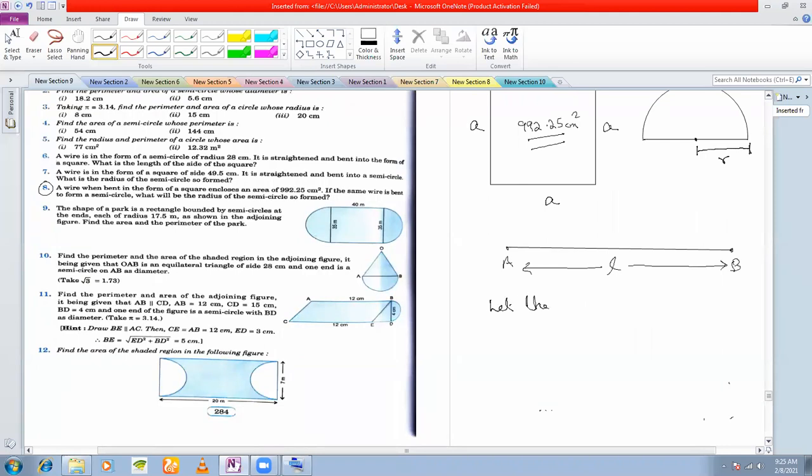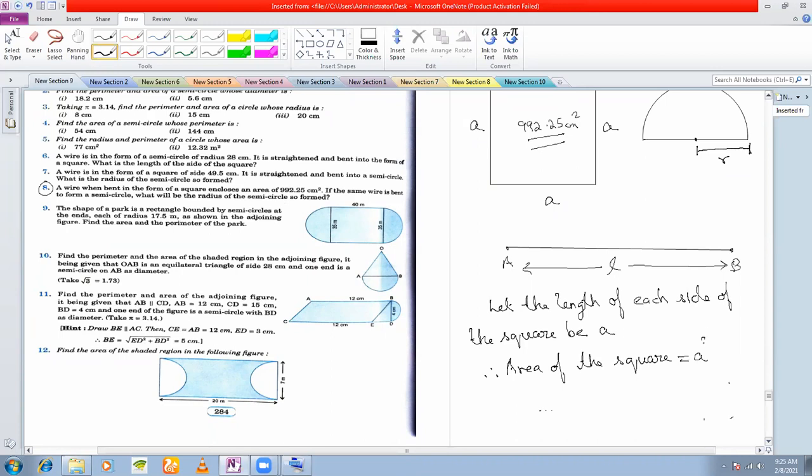Let the length of each side of the square be A. Therefore, what is the area of the square? Area of the square is A square.